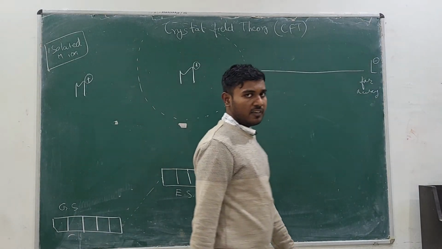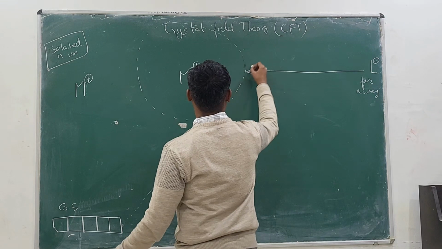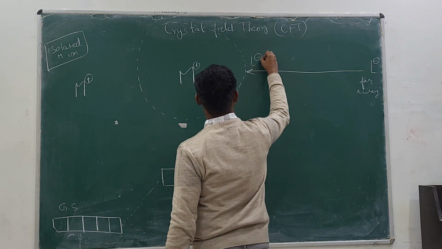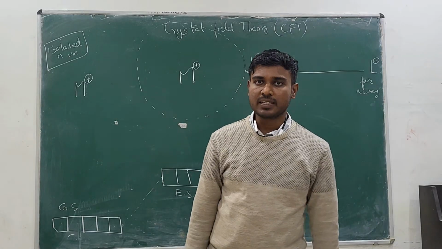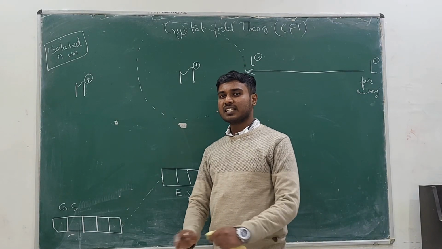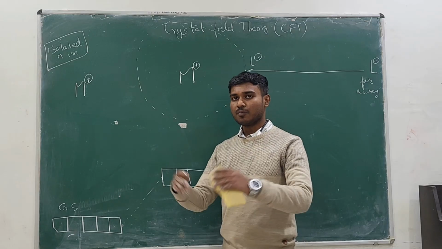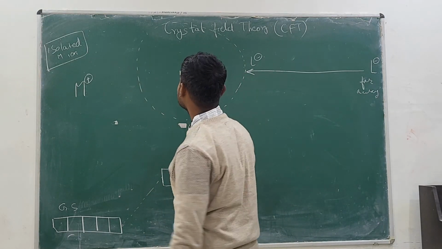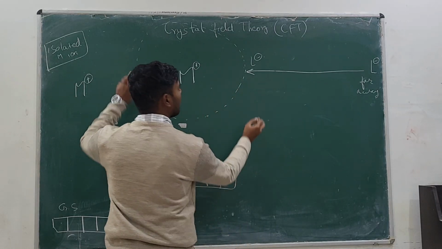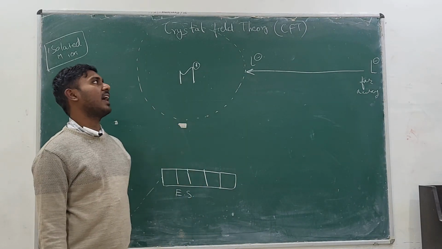Moving forward, our ligand is approaching our metal ion and it will come close to the metal ion. So let's suppose our ligand is this. When complex formation happens in an octahedral complex, there are 6 ligands. So 6 ligands are approaching our metal from 6 different sides. Now let's suppose our ligands are approaching very close to the metal ion.